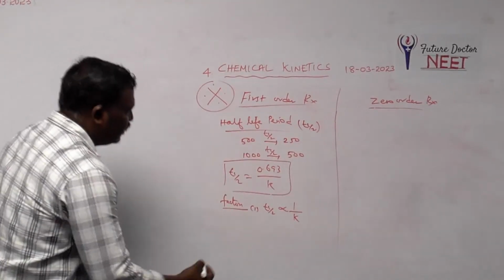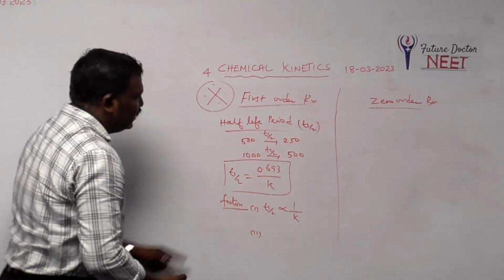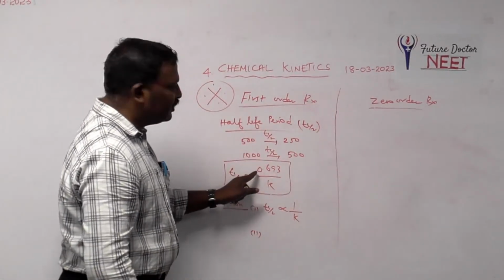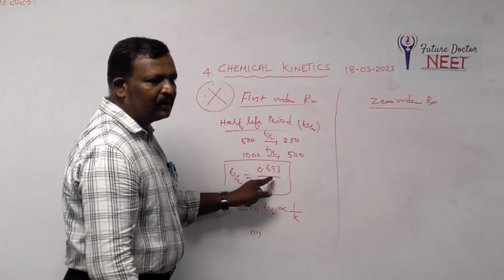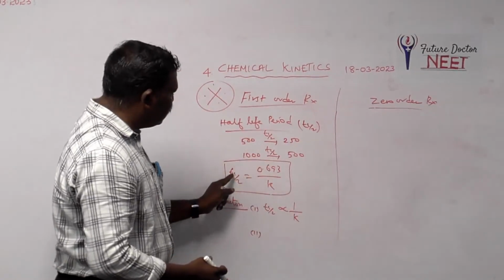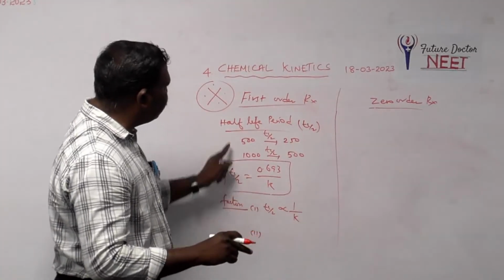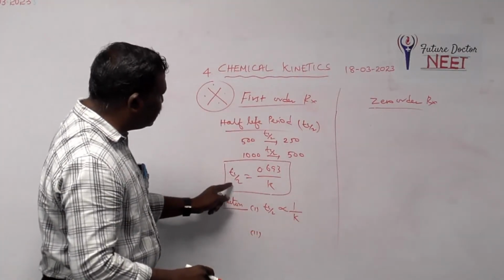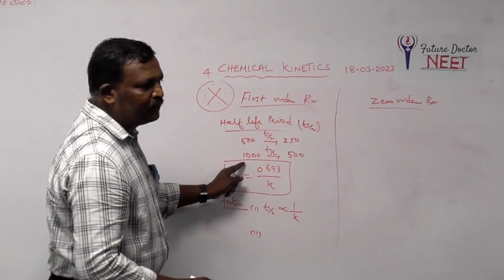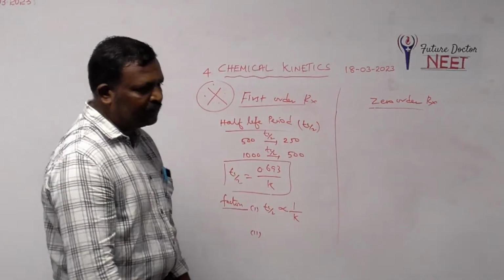Another one. See, is there any concentration term coming here? R, not R, it's called reactant concentration. It's not coming here, no. So in case of a first order reaction, half-life period is independent of the initial concentration. Independent. Okay. Just write like that.